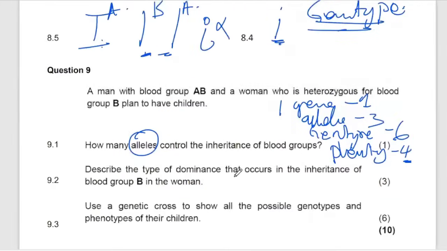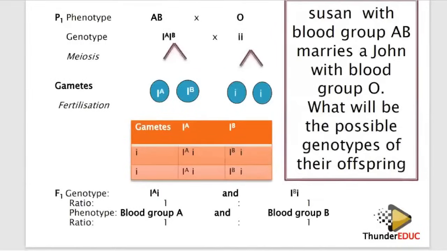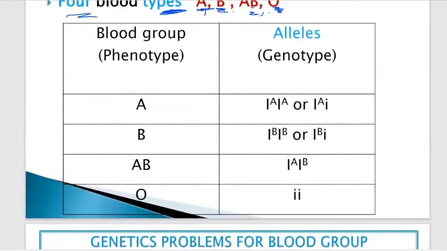So now we go back to our question. Describe the type of dominance that occurs in the inheritance of blood group B. Now they're saying inheritance of blood group B. They're saying that a man with blood group AB and a woman who is heterozygous for blood group B, meaning that this lady obtained one dominant allele from the father or mother and another recessive allele from the father or the mother.